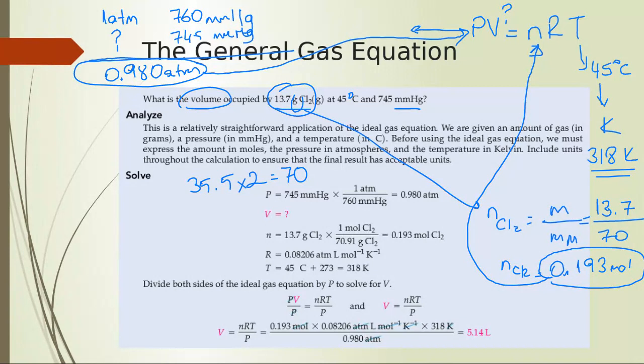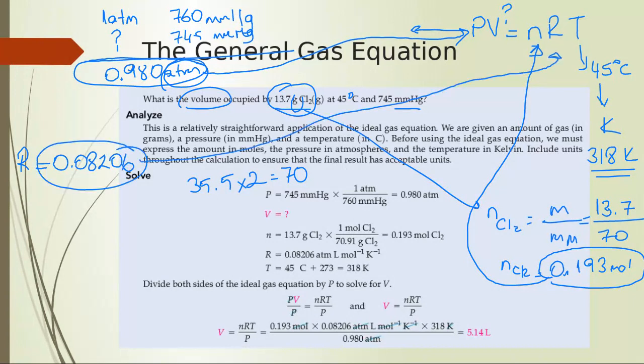And for R, you will use the one for pressure in atm. So you know that for atm this is 0.08206. You have to write that one and then only calculate.